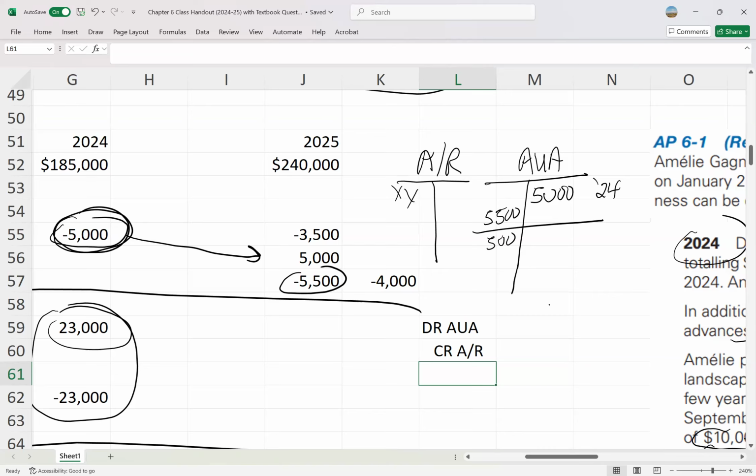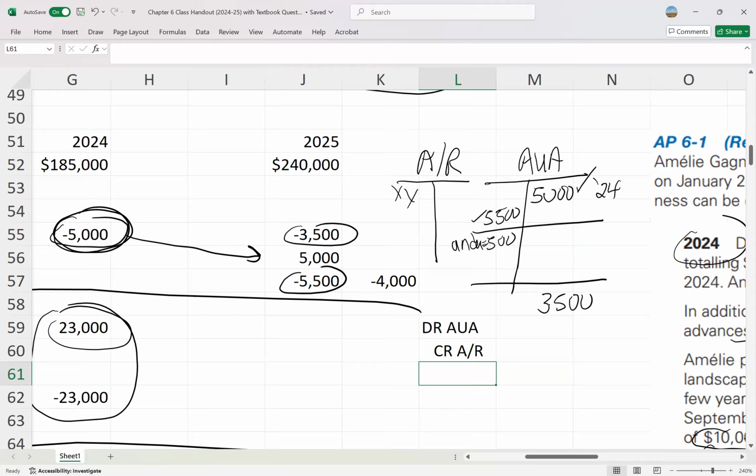So what that basically means is that at the end of 2024, we estimated we would not collect 5,000, but we ended up actually not collecting 5,500. So we underestimated last year's amount by $500, which is fine. In accounting, we have to get comfortable with making these estimates. At the end of this year, our AUA balance needs to be 3,500 because that's the amount of the accounts receivable we think will be uncollected.